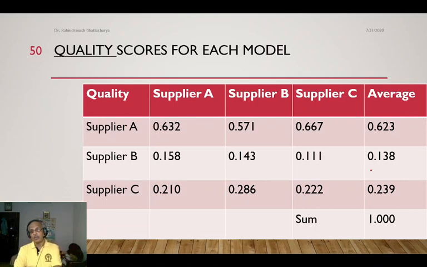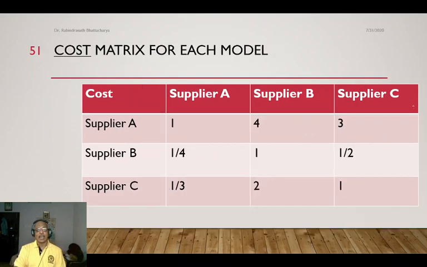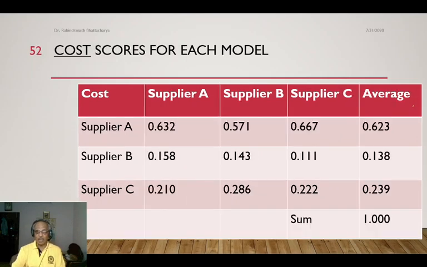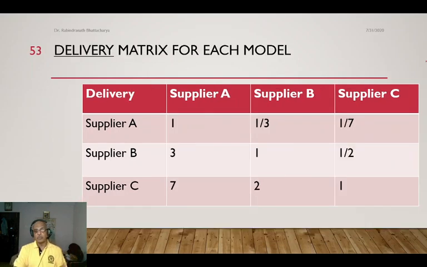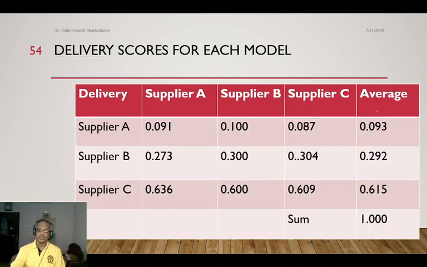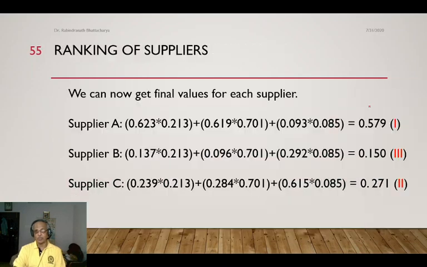Now from here we'll get the weightage for average eigenvalues, eigenvector for quality, and then for cost also we form the matrix the same way, a 3 by 3 matrix, and we find the eigenvalue. So these are the values. For the delivery, we also form the matrix and find out the eigenvector, and we found out the final values or rankings of the suppliers.